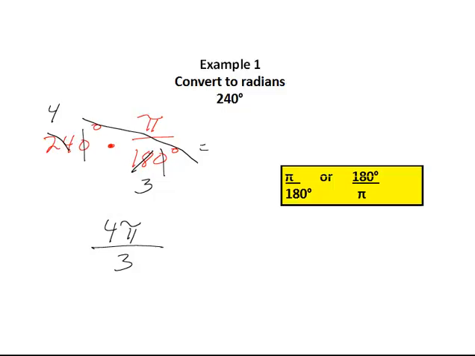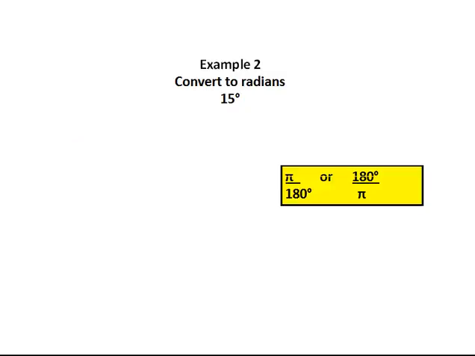Let's try another example. Example number 2. Same thing. So let me start out with my 15 degrees. You always start out with what's given. You want to go to radians. So what that means is you want to lose those degrees, which means the 180 degrees has to go on the bottom. First thing I'd do, I'd cancel out those degrees right away. And then you've got to cancel out.